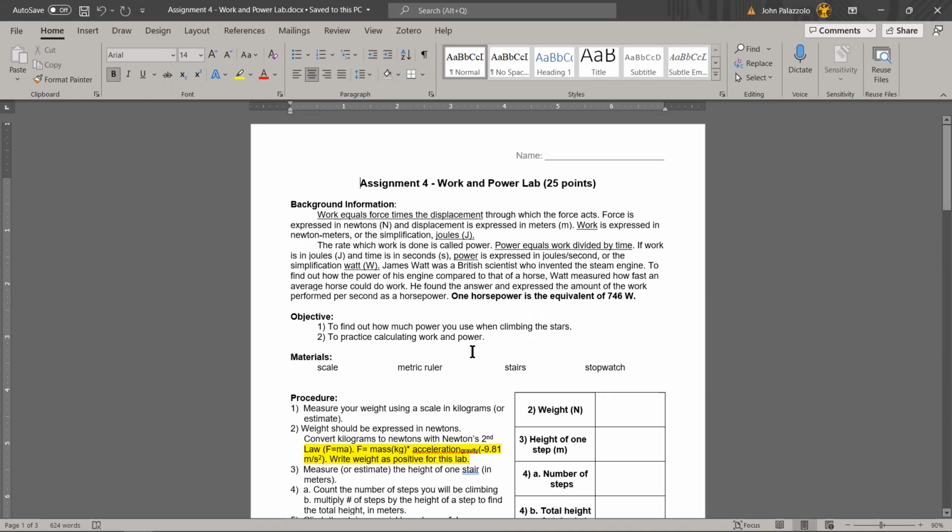It tells you about James Watt, the inventor of the steam engine, and he calculated horsepower because he compared the power of a steam engine to that of a horse.